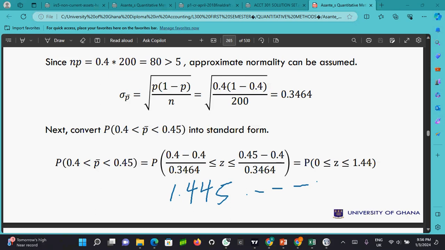So if you have to round it to two decimal places, it will be 1.45. That's why we had 1.45, and then they had 1.44. Are we clear?